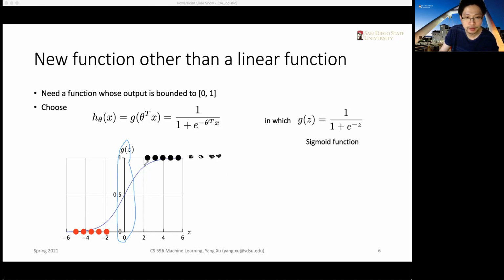Then the data points on the right will always be above the 0.5 threshold, and on the left, all the red points are always below this threshold, which makes it a much more robust model. It's pretty robust to all the new data sets. So that's basically why, intuitively, this new function is a much more suitable choice for this binary classification problem.